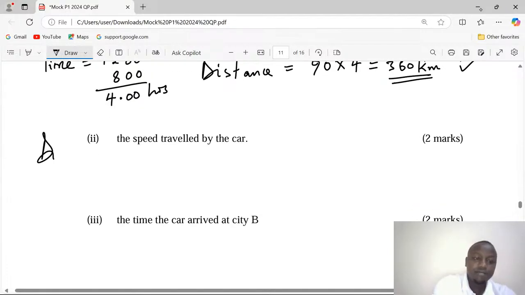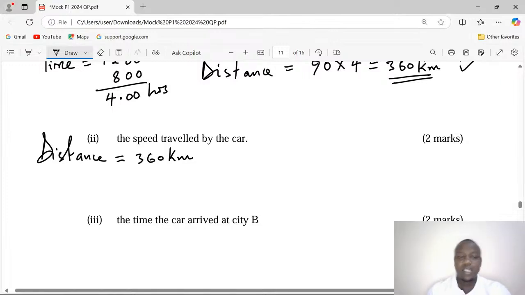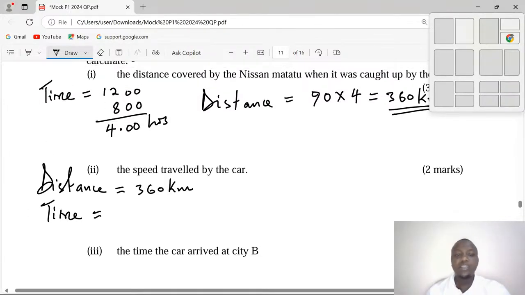So for the car, distance is equivalent to 360 kilometers.